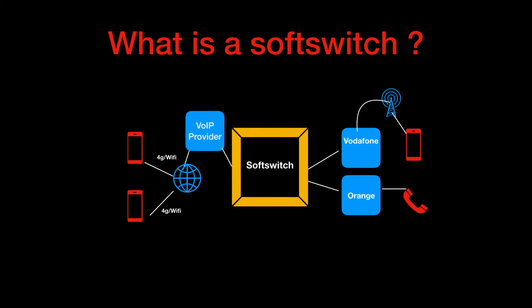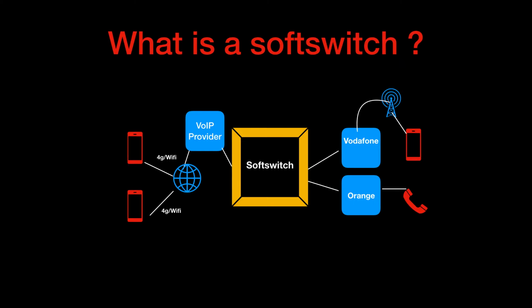Very simple. And vice versa, if on the right side this landline is trying to make a call, they can dial, let's say, a number. It will go through Orange from the telephone fixed line. It will then go from the Orange soft switch to the VoIP provider, and then back to the smartphone on the other end.